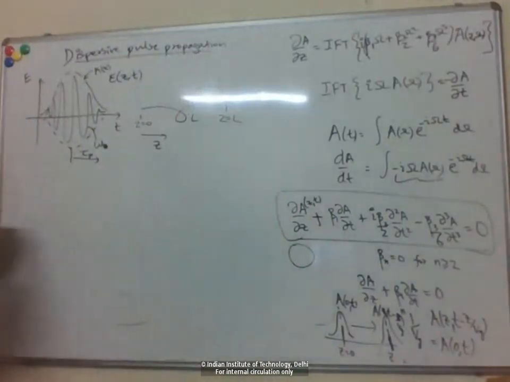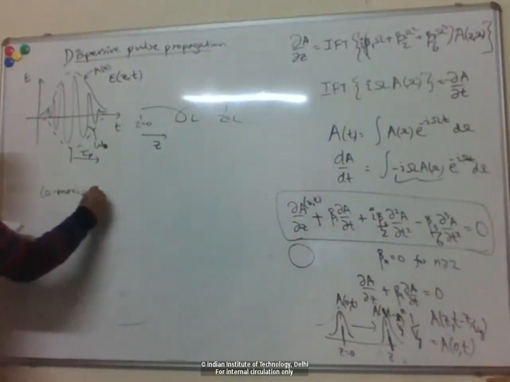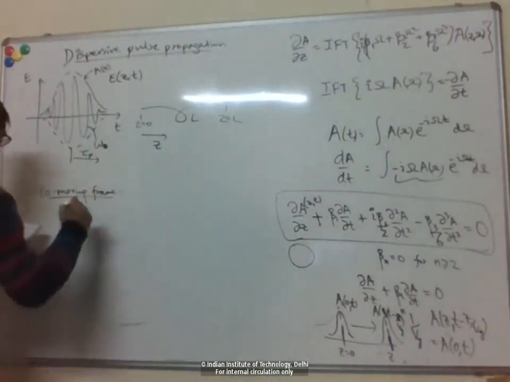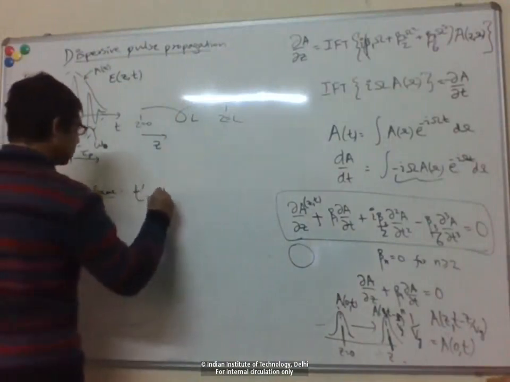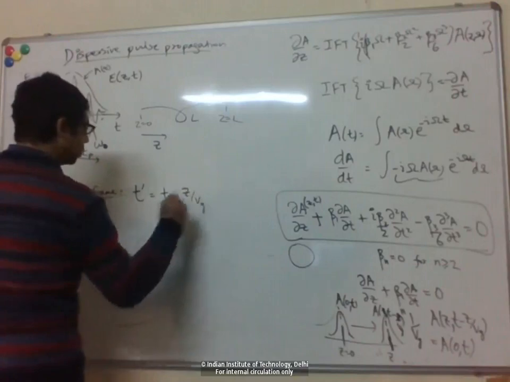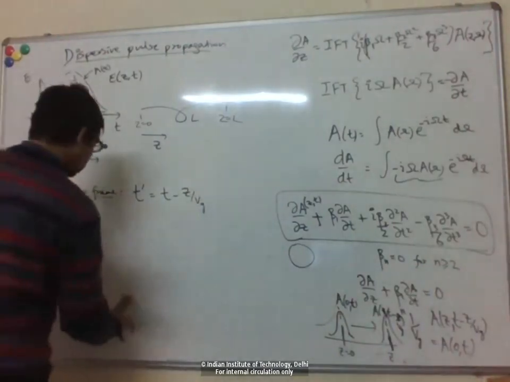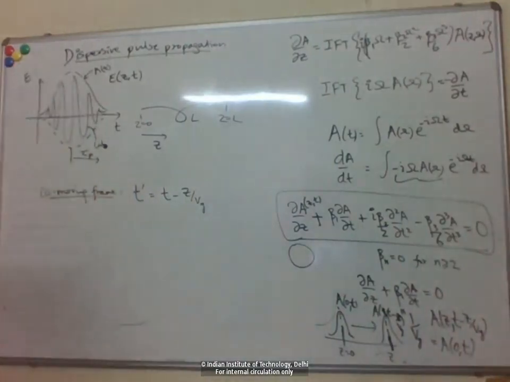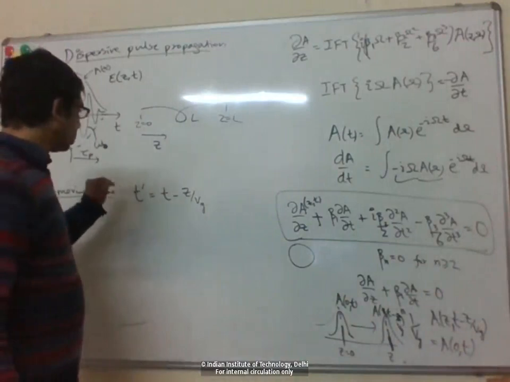So we move to a frame where I define the time as the universal time t minus z over Vg.